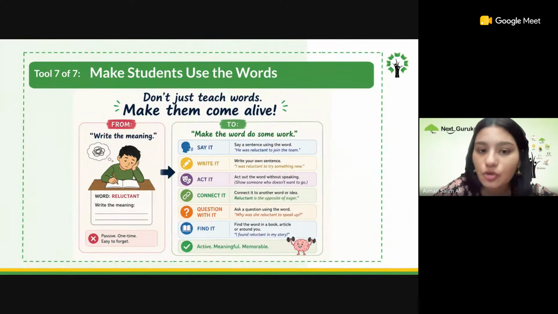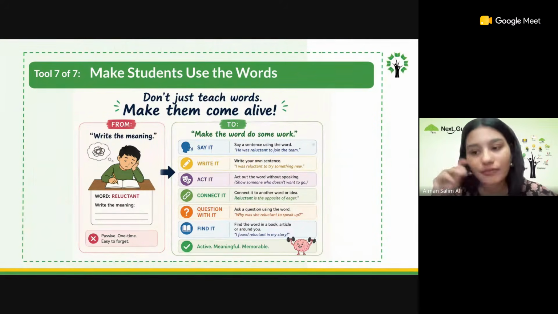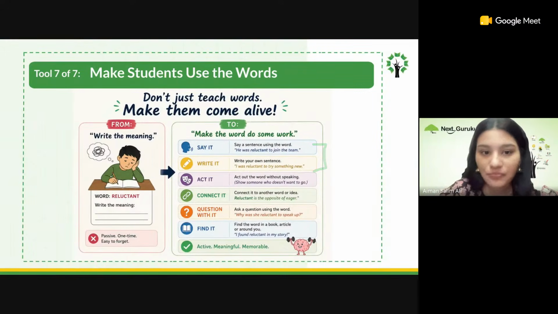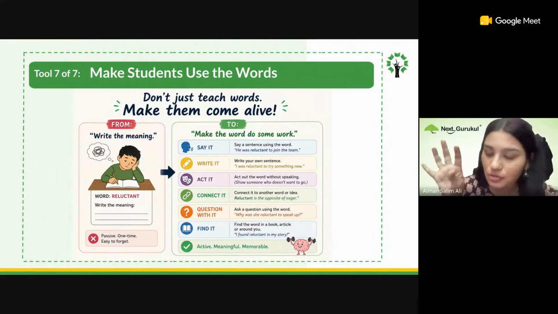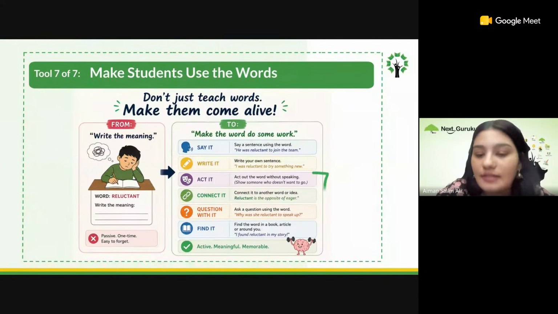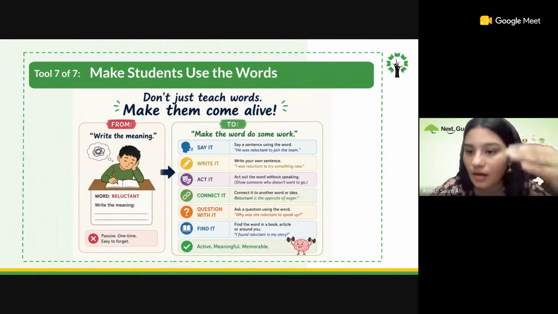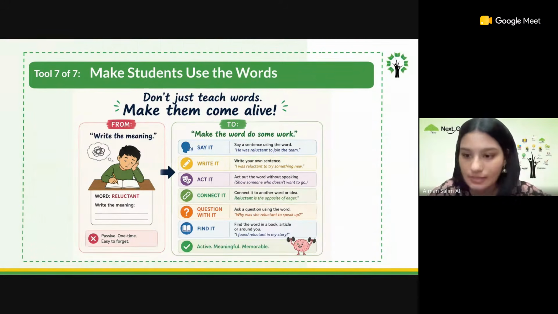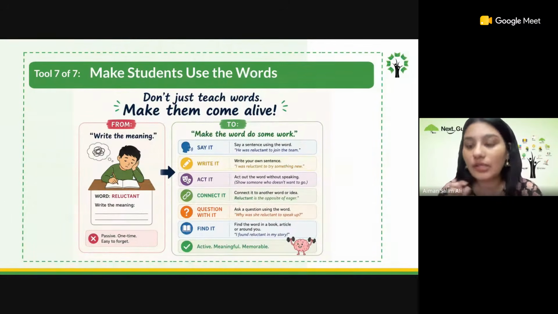The first two parts will be very easy for students who are very good with spellings. For those students who are mid rigor or high rigor, you can use the rest of the strategies with them. What I'm trying to say is, just because it has six parts to it does not mean that you have to use all six parts at once. You can pick and choose which is the best for your students and which is the best for you to manage your time and the students' time.